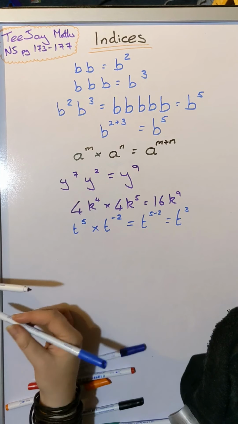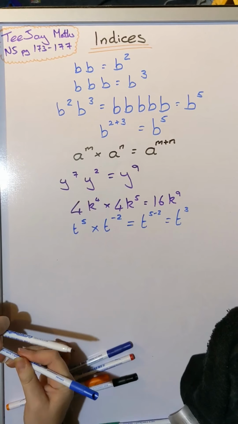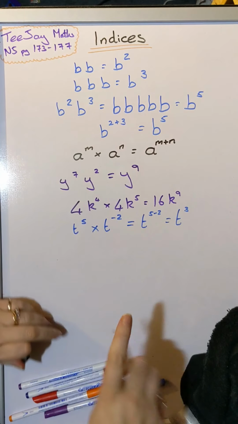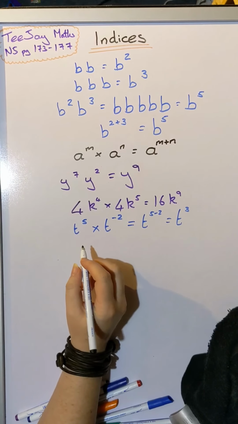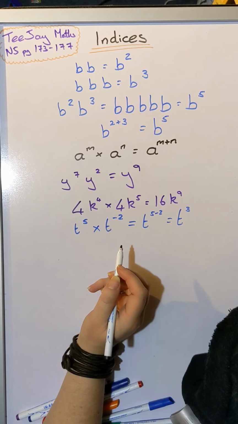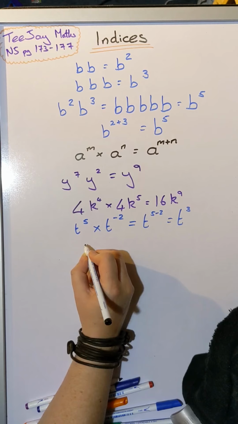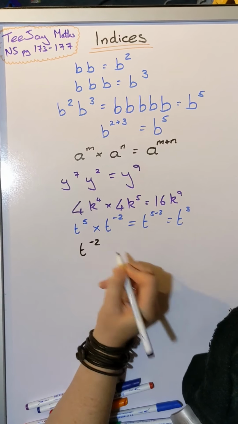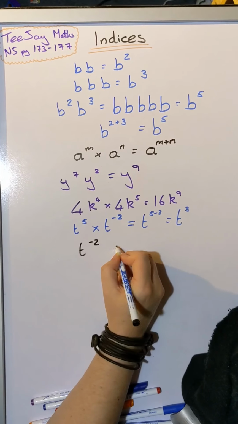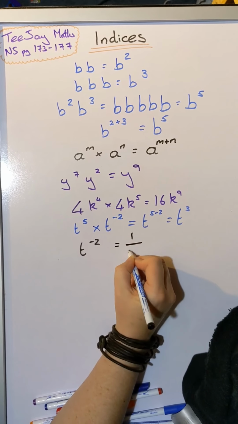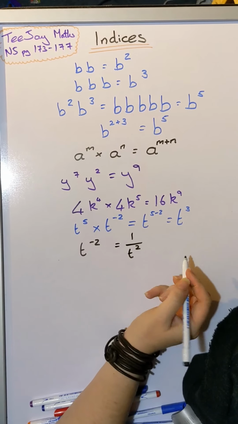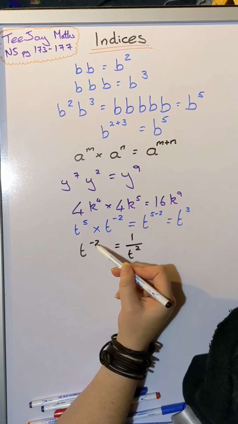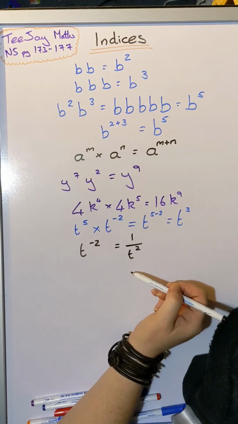But what is that? That's actually a very useful one for us. That is called a reciprocal. T to the minus 2 can also be written as 1 over t squared. A reciprocal. If you have a minus power, you have a 1 over.